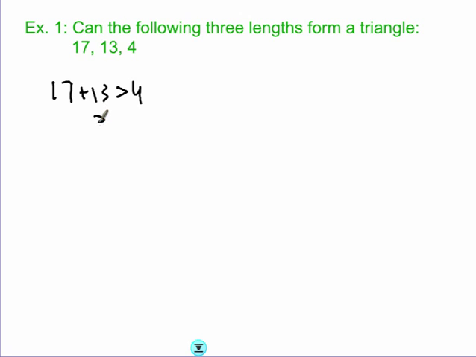Well, 17 and 13 is 30. That's obviously greater than 4, so that works. If I use 17 and 4, I need 17 plus 4 to be greater than 13. Well, 17 plus 4 is 21. That's greater than 13, so that works.